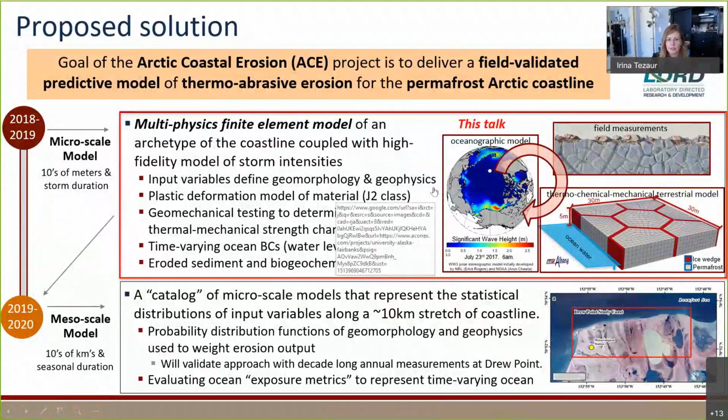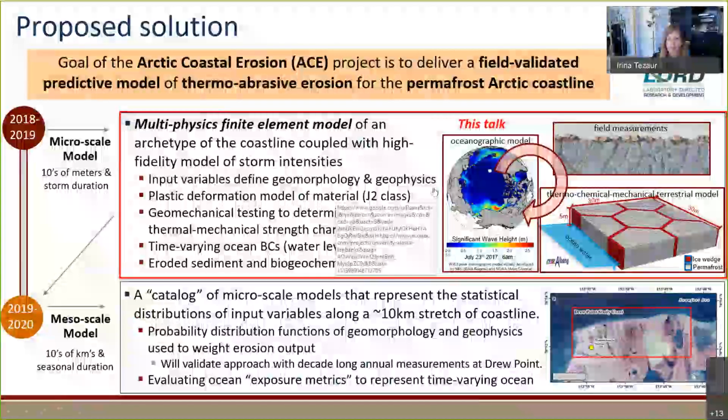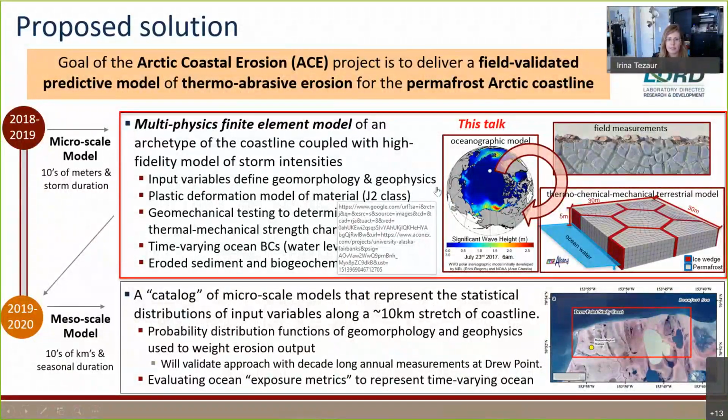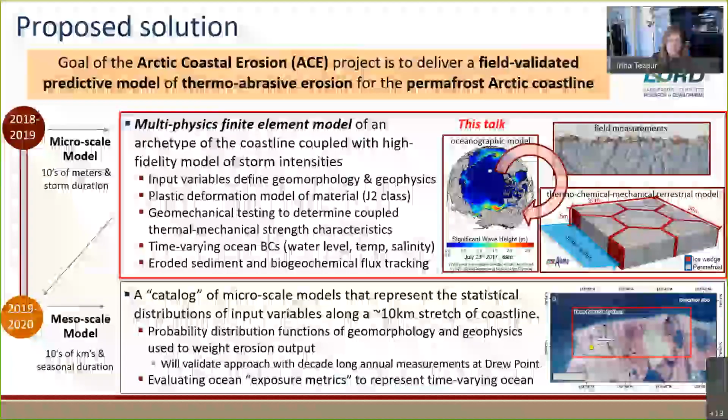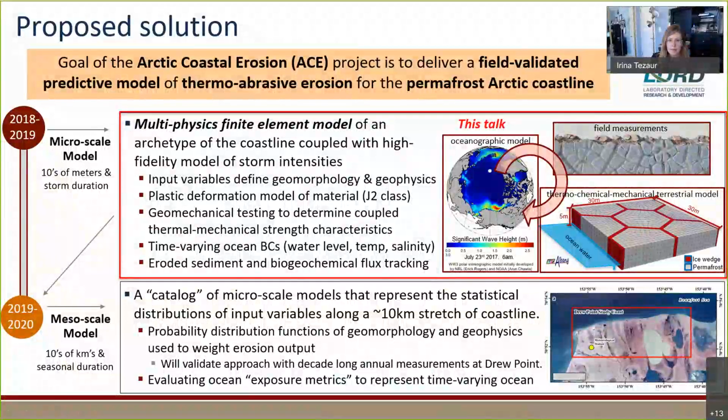The idea here is to create a model that will make it possible to simulate small subregions of the Arctic coastline that are tens of meters long and wide. And one of the really key features of the model is that it's designed to capture 3D heat transfer together with mechanics-based plastic deformation, something that hasn't been done before.